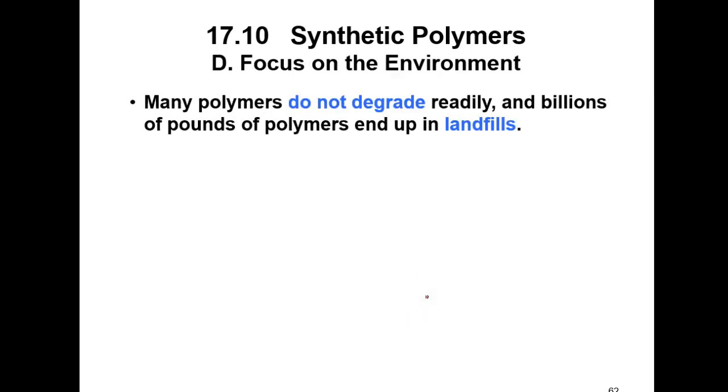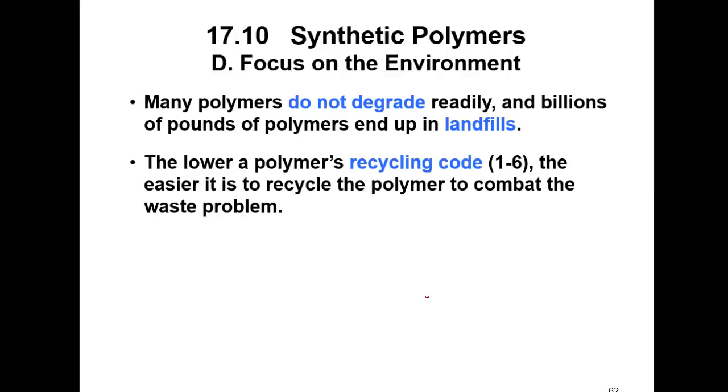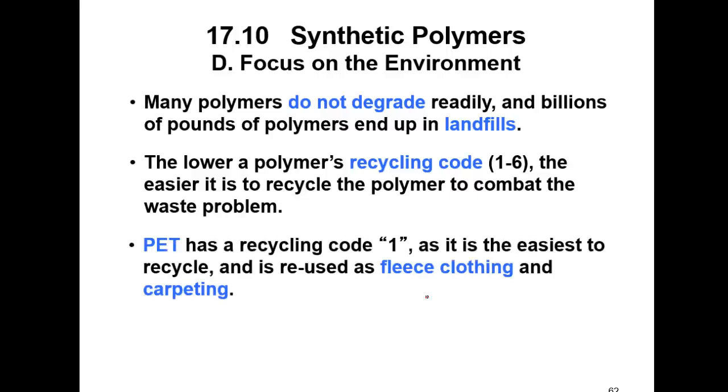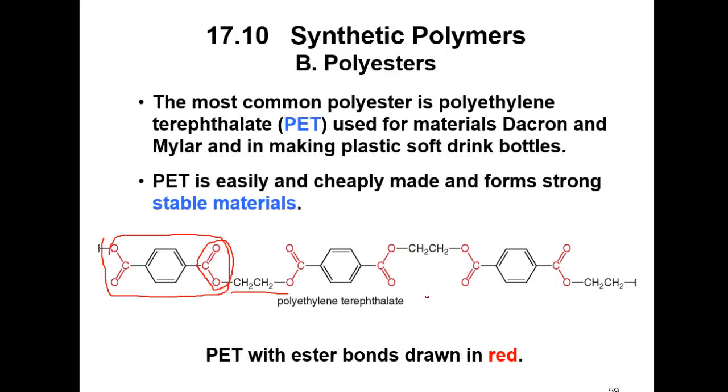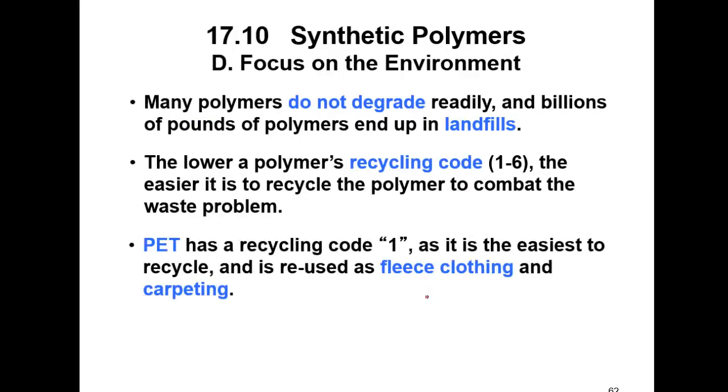Many polymers do not degrade, and they are in our landfills, like polystyrene. The lower a polymer's recycling code, the easier it is to recycle, which helps combat the waste problem. The PET polymer that we saw right here, polyethylene terephthalate, has a code of 1 as it's the easiest to recycle and reuse, and it's used in fleece and in carpeting.